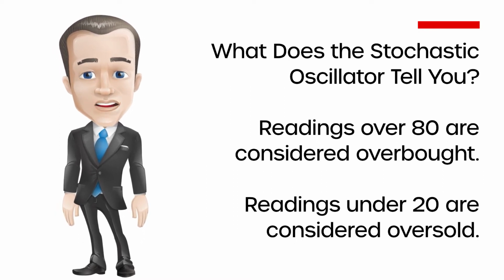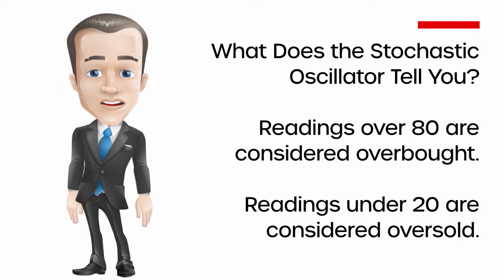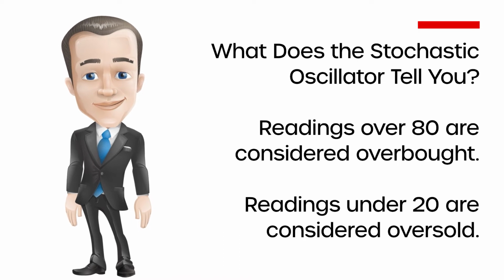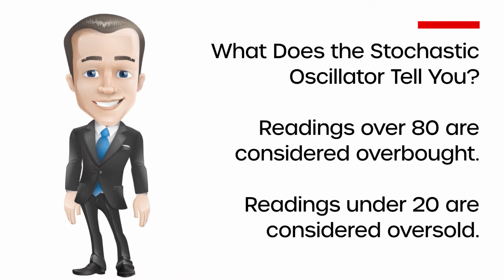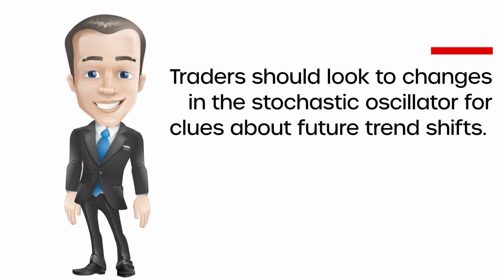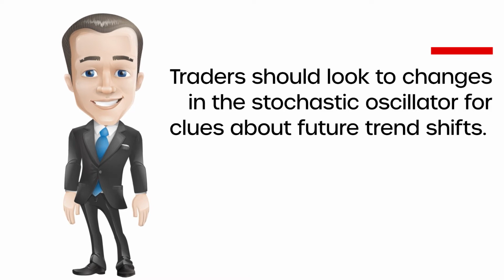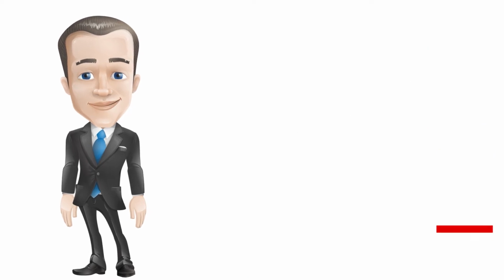However, these are not always indicative of impending reversals. Very strong trends can maintain overbought or oversold conditions for an extended period. Instead, traders should look to changes in the stochastic oscillator for clues about future trend shifts.